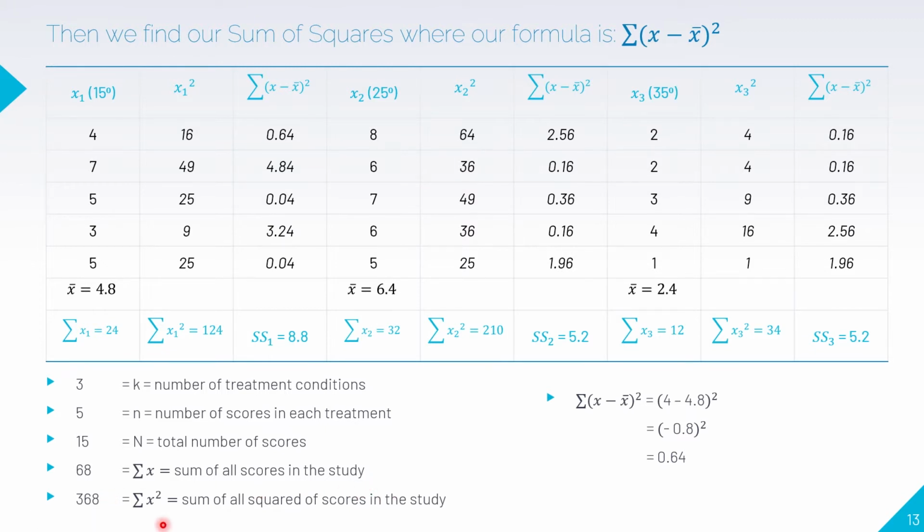While our sum of x squared, which means the sum of all squared scores in the study, we need to add its x squared, so this one. So 124 plus 210 plus 34, now we have 368 as our summation of x squared.